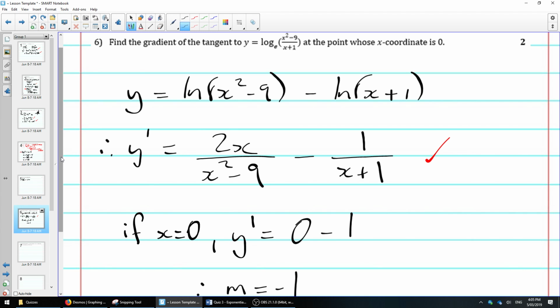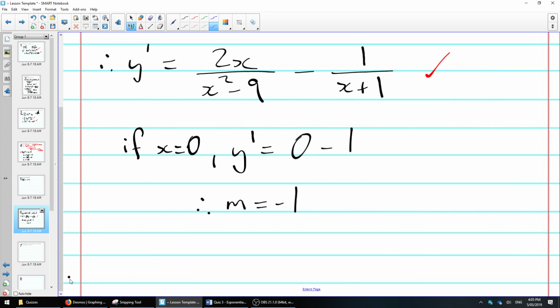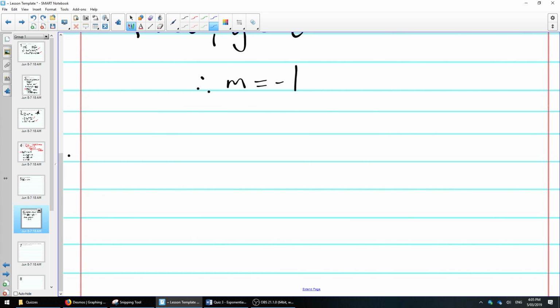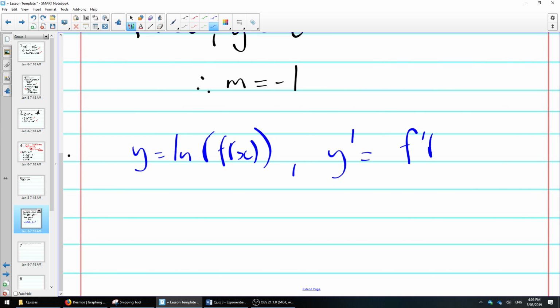That is in the formula sheet. On the formula sheet, it looks something like y equals ln f(x), then dy/dx, or it's going to say y dash equals f dash x over f(x).